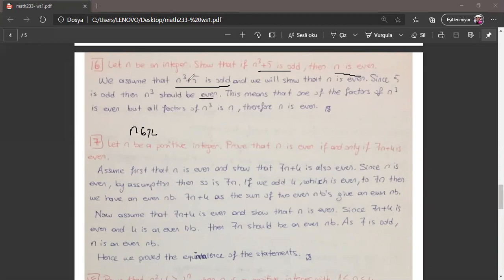We know this is odd and this is odd, so n to the 3 should be even, which means at least one of its factors should be even. But n to the 3 equals n times n, right? So one of its factors is formed by n. All its factors are n, so n should be even.